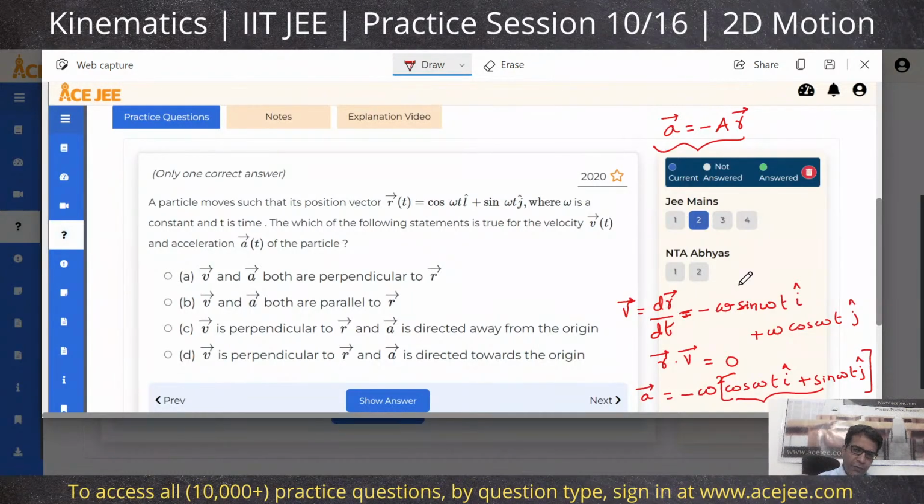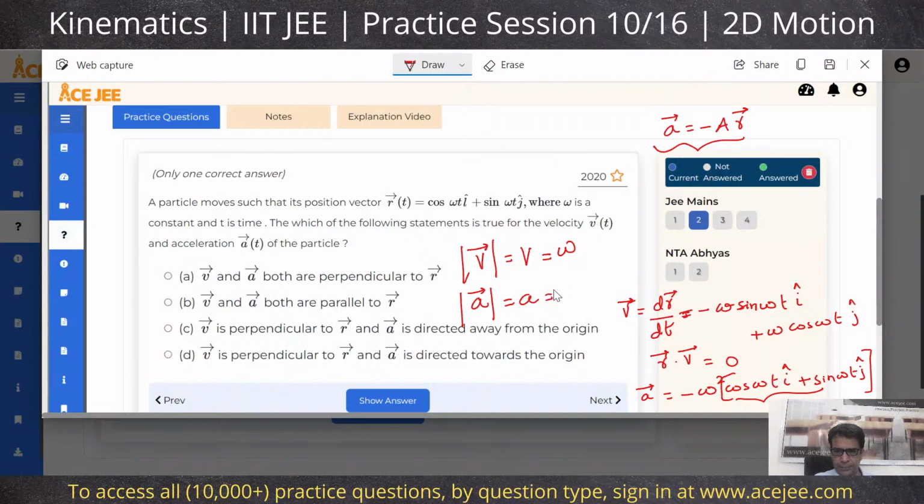What is the magnitude of velocity, which I can write simply as v? Magnitude will be vx square plus vy square under root of that. Yes? 3 omega. Okay. What will be the magnitude of acceleration?